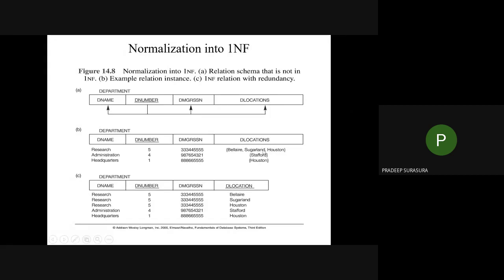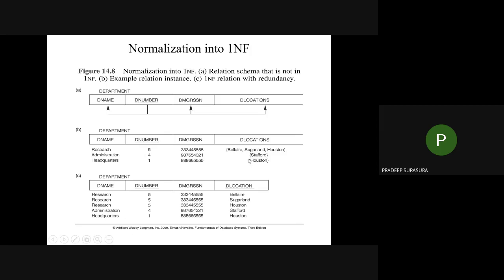I need to resolve this by writing the values separately like this. First normal form always talks with respect to multiple or atomic values. If the values are atomic, it satisfies. It does not consider redundancy or anything else.